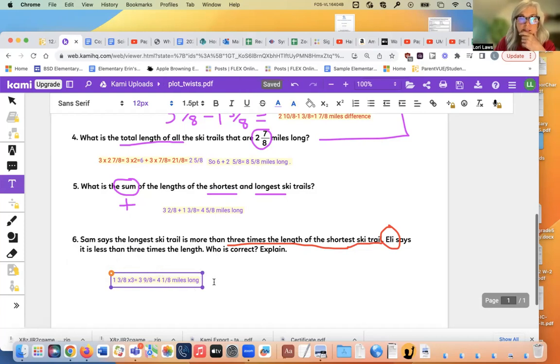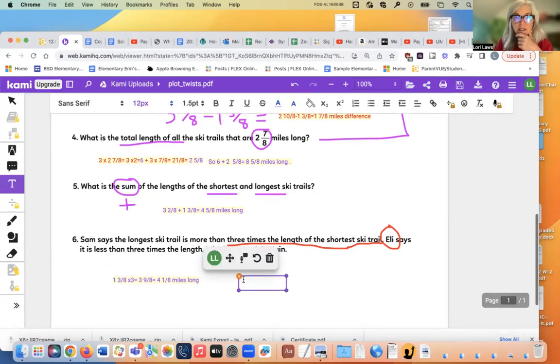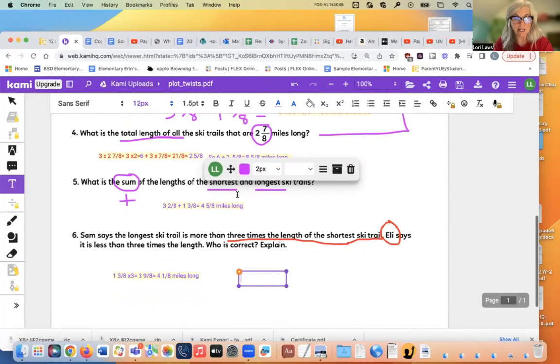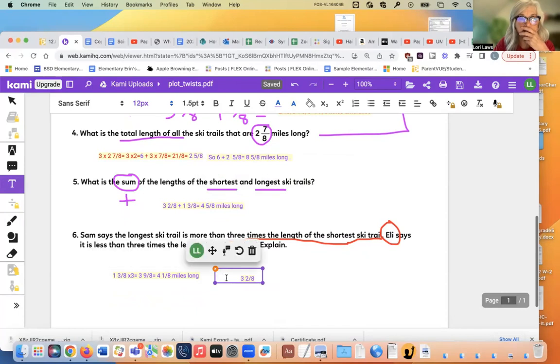What's the longest ski trail? The longest ski trail is 3 2/8. Is 3 2/8 longer, shorter, or the same as 4 1/8? I think it's shorter, isn't it?